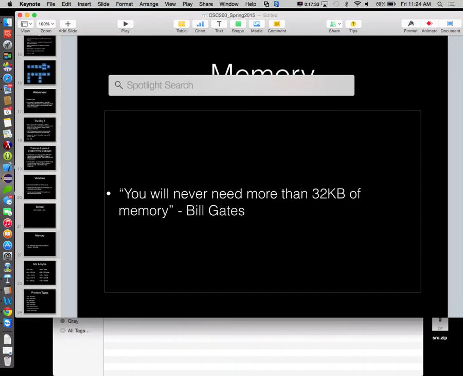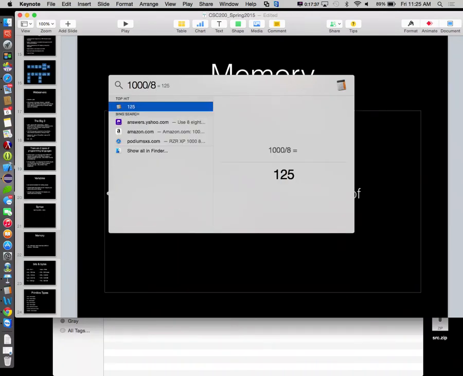So I paid 1,000 divided by 8. I paid $125 per megabyte. $125 per megabyte, slightly more than you paid, right?